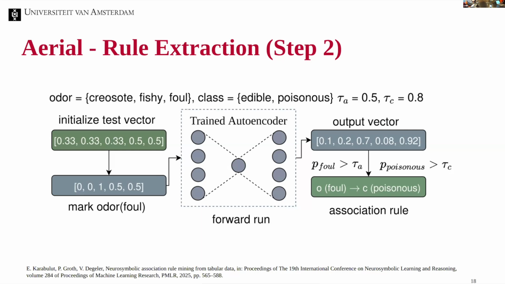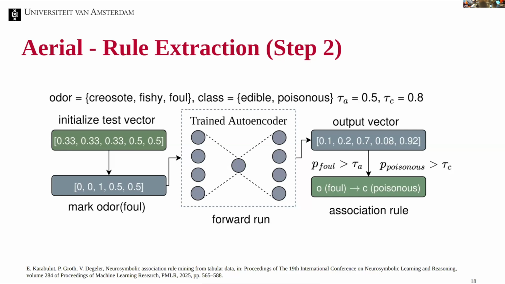Let's say you have this autoencoder, trained on the data set, and it outputs probability distributions per feature. Here I have a vector of 5 digits. Let's say in your table you have 2 columns, odor and class. Again, this is about mushrooms. These 3 correspond to the features of odor, and the other 2 correspond to features of class.